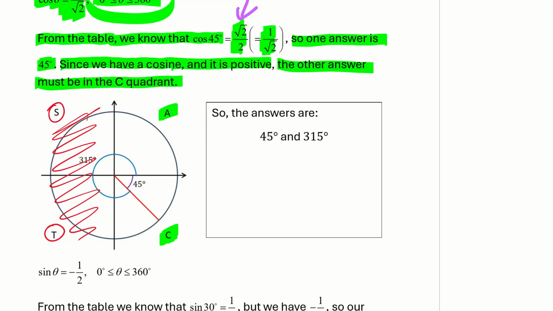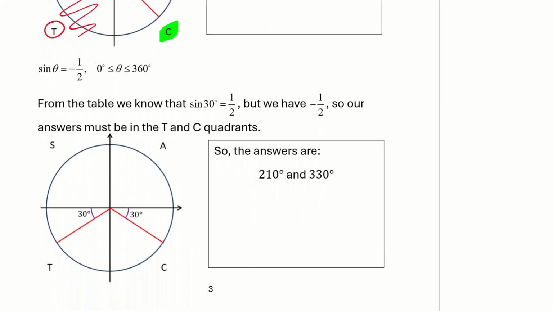So one answer we said was 45 degrees, which is here. The other one is going to have a reference angle, which is 45, and that means that the angle measured from here would be 360 take away 45, which is 315. So our two answers are 45 and 315.